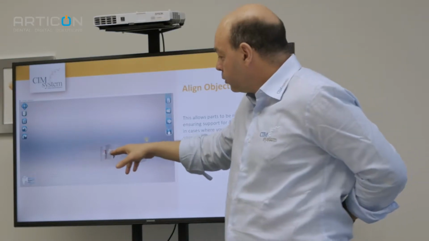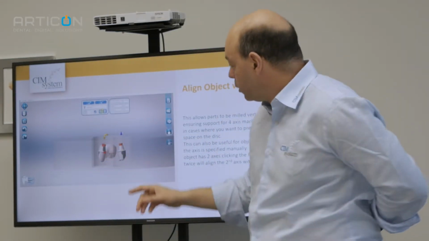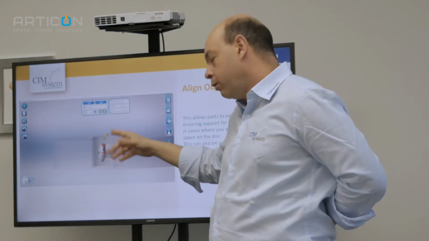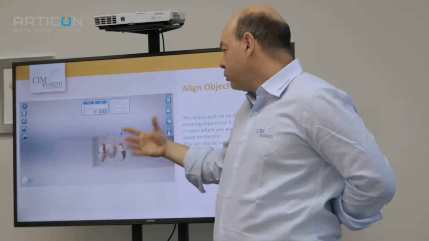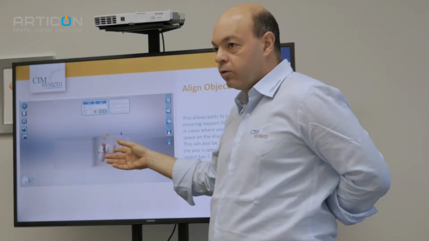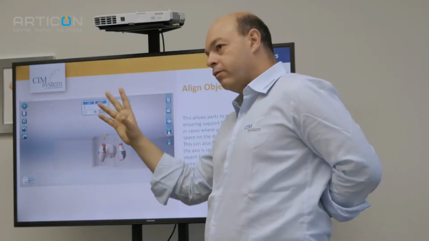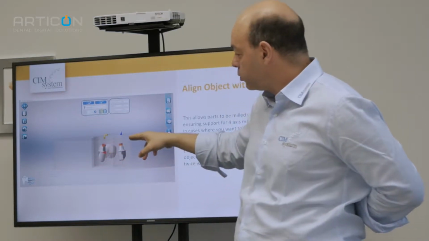This is like before. For example, sometimes I have this situation when I import the implant or non-implant, or when I import the abutment or the crown, because the scanner saves in this position, or I save the material. Sometimes it's oriented in this way.